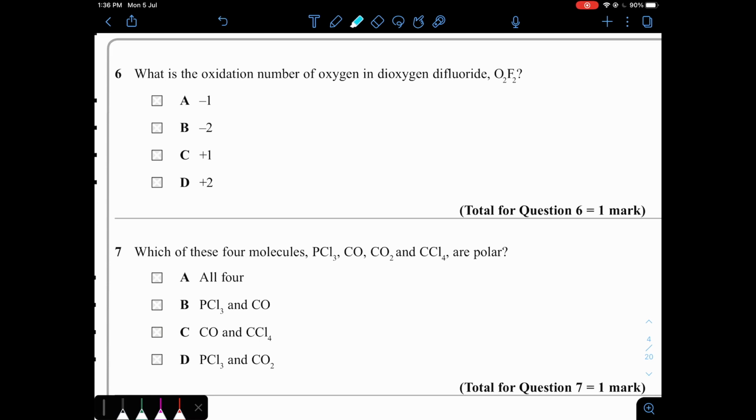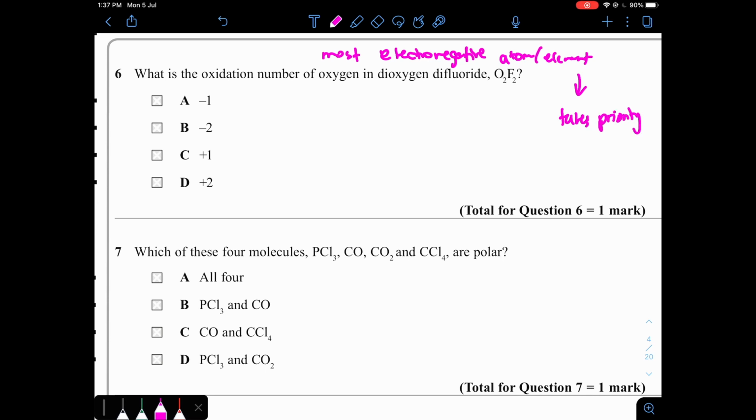In such compounds, it's the most electronegative atom or element that takes priority.